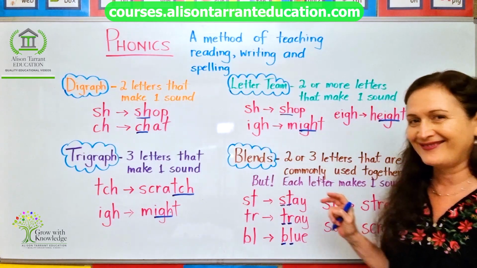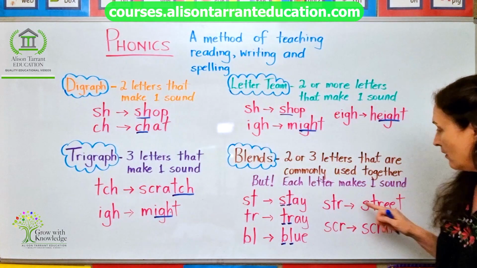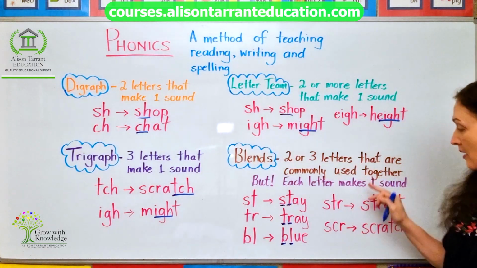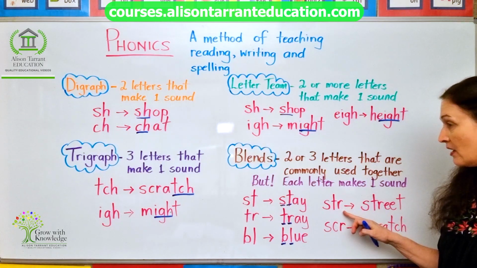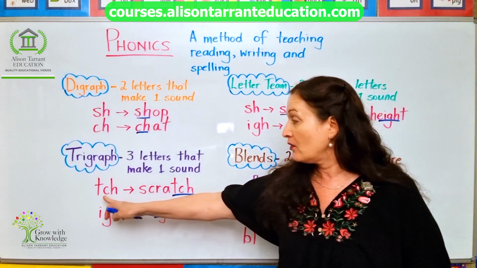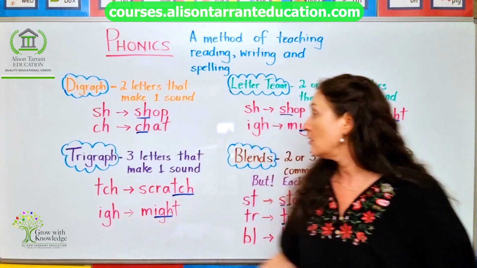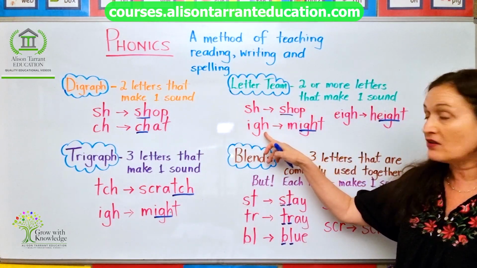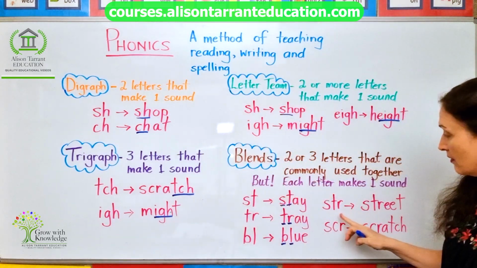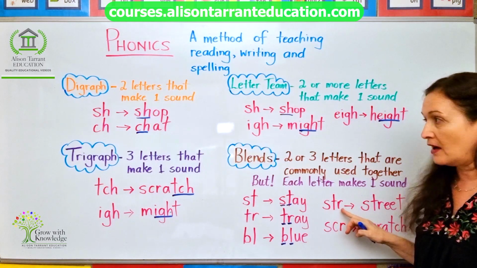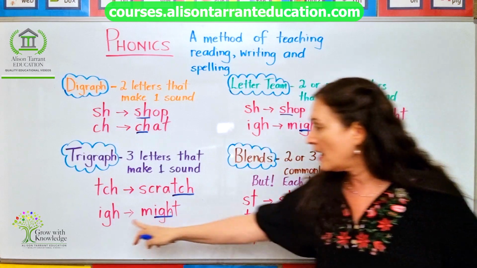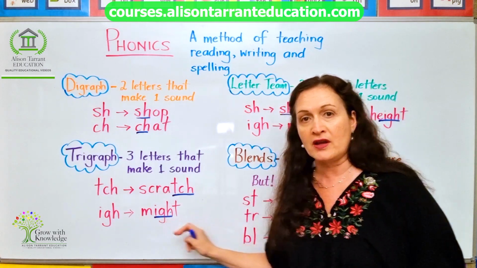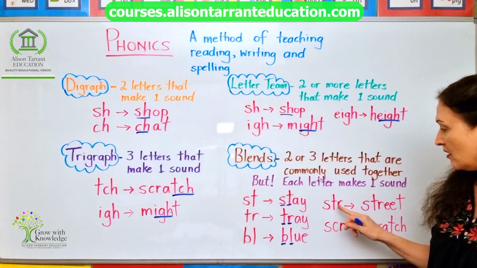And then we have a blend here that is 3 letters. And each of these 3 letters, unlike these trigraphs or this letter team here, they make 3 separate sounds again, whereas this makes 1 sound, I, and this makes 1 sound, I. These make 3 separate sounds.